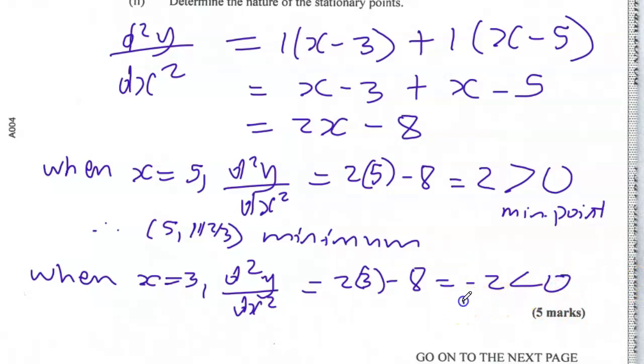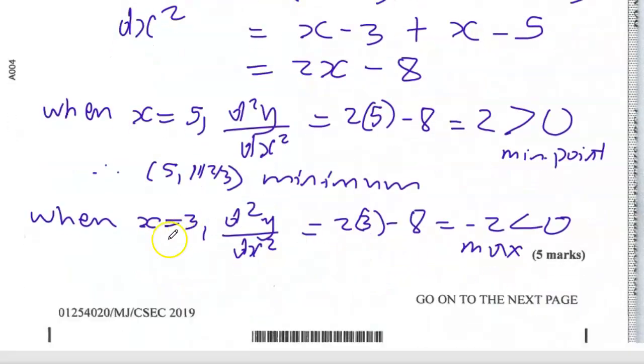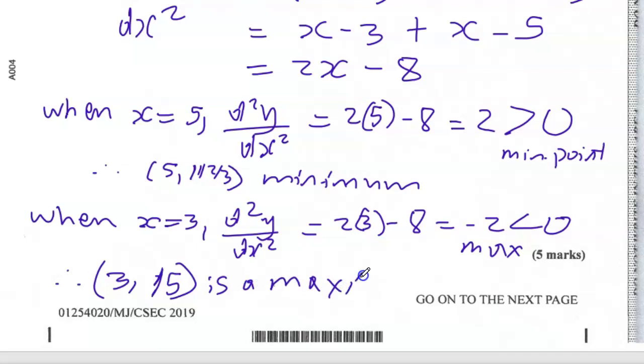So therefore maximum. The other turning point was (3, 15), so that is a maximum.